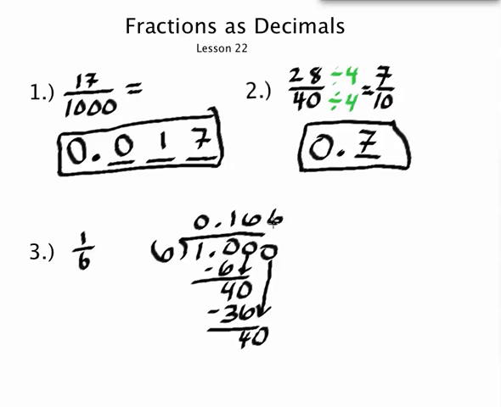Because every time I multiply 6 times 6, I'm going to get 36. When I subtract, it's going to have a difference of 4. So at this point, I can probably assume, it's pretty safe to say, that this is going to have a repeating pattern. So 1/6 is going to equal 0.16 repeating.